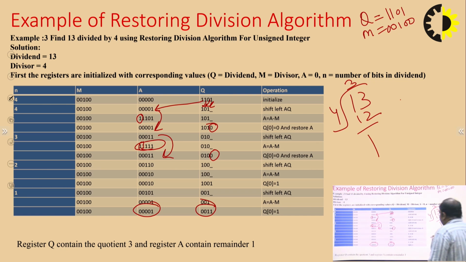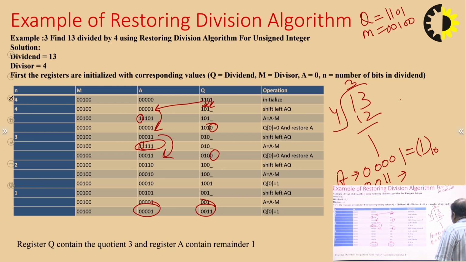So the value of A represents our remainder, which is 00001, which is equal to 1 in decimal. Our value of Q will represent the quotient, which is 0011, equal to 3 when we convert it into decimal.